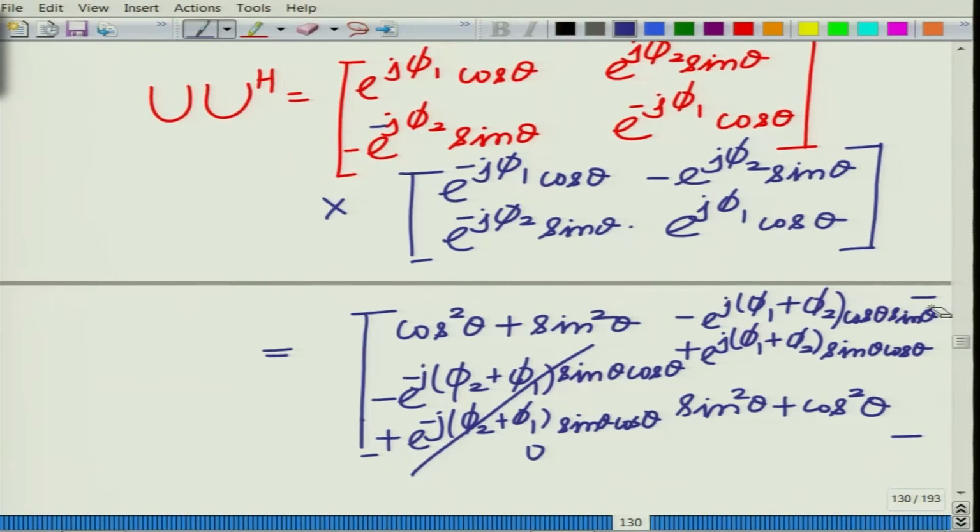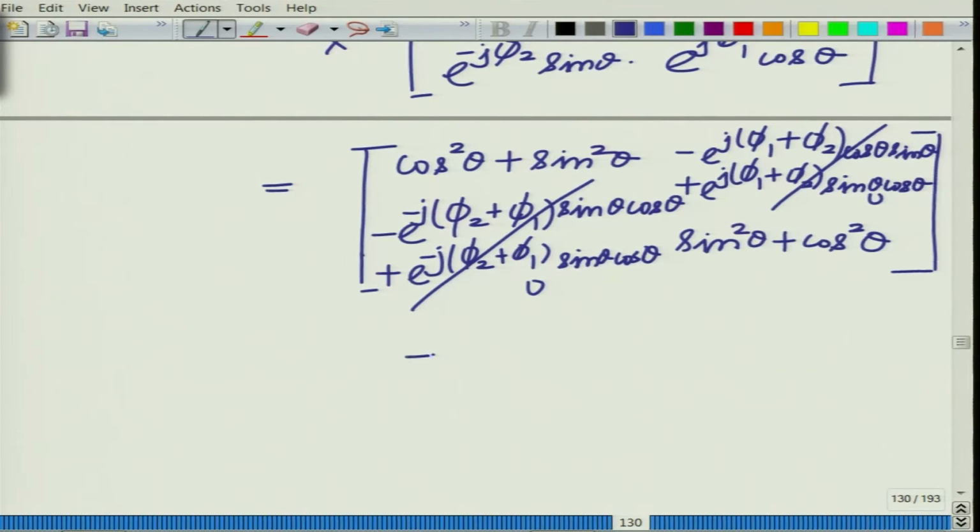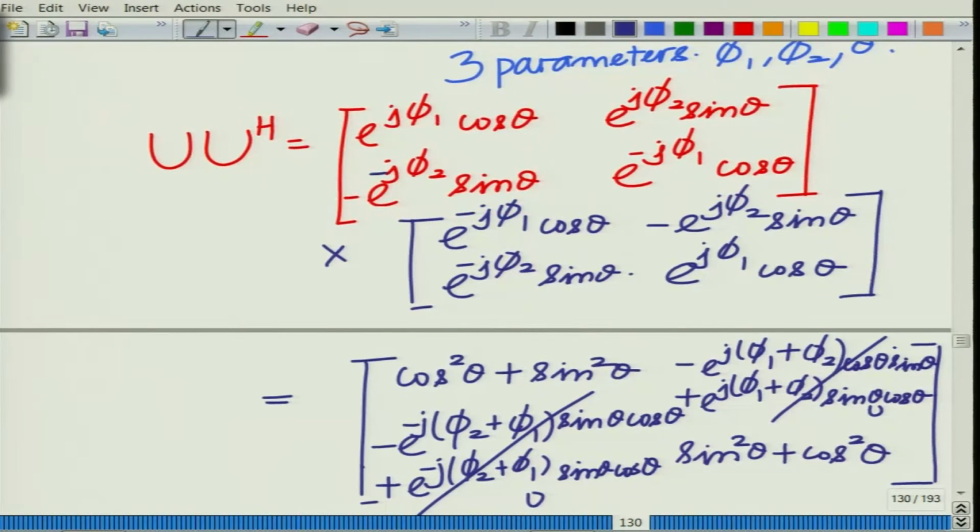And you can clearly see that this will also be 0, and therefore this will be the identity matrix. Again, this will be 1 0, 0 1, which is essentially the identity matrix, right.